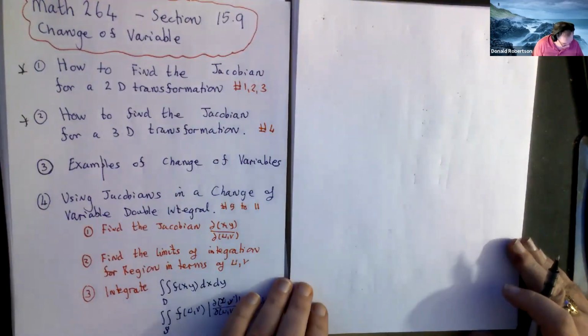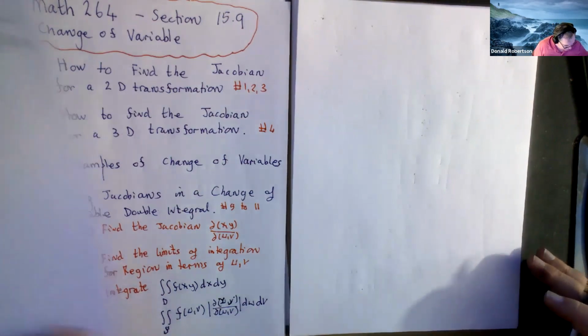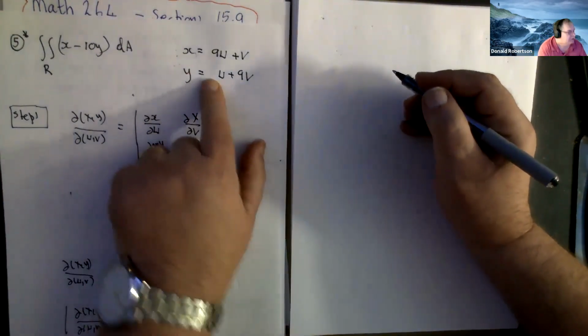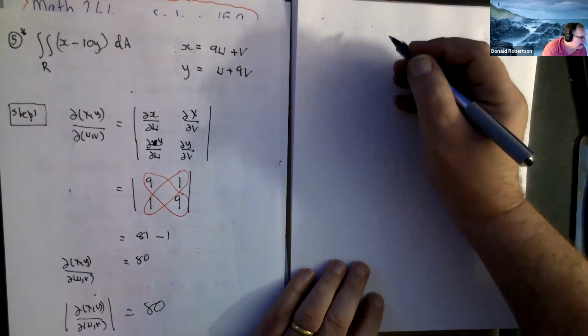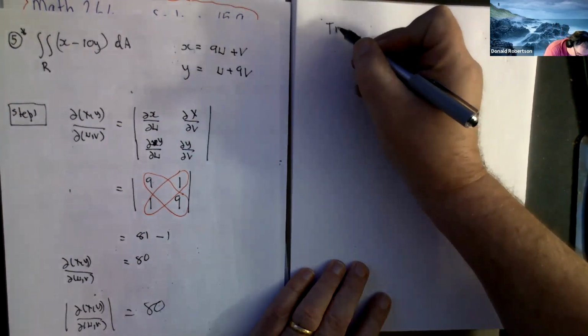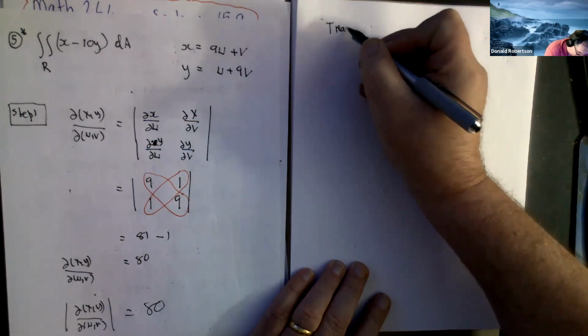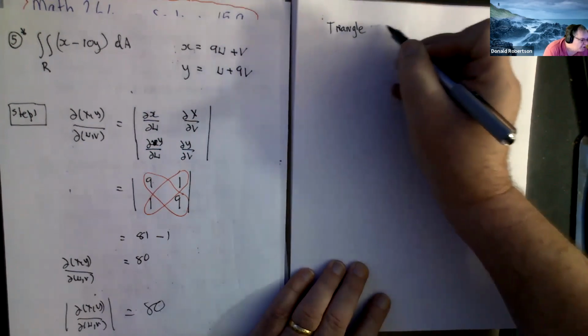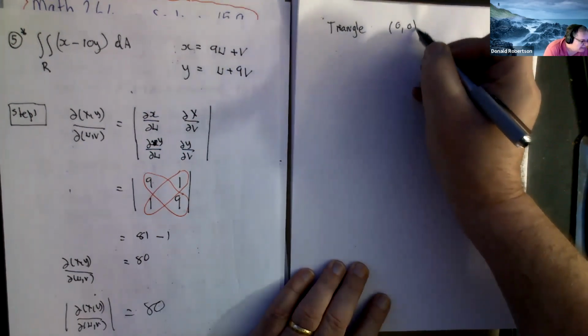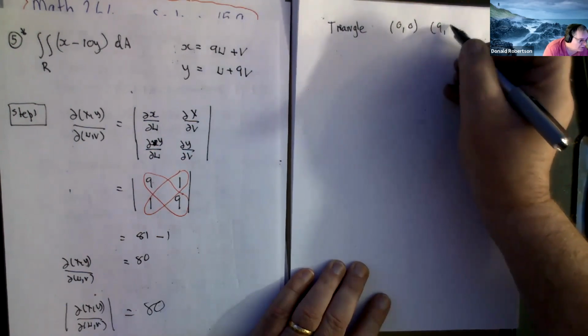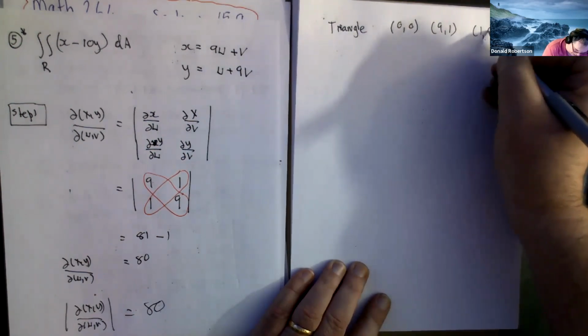Now it gets messier because in that question that I just gave you, this one up here, the region R is described as a triangle joining 0, 0 to 9, 1 to 1, 9.